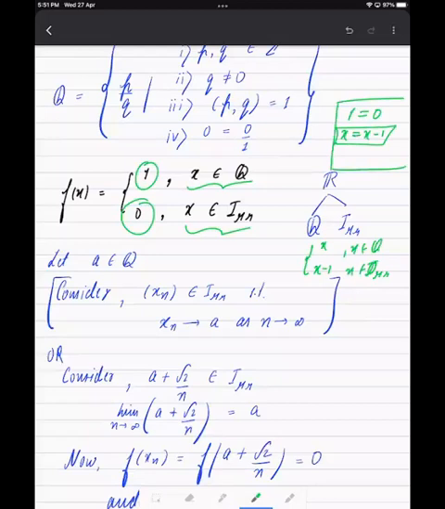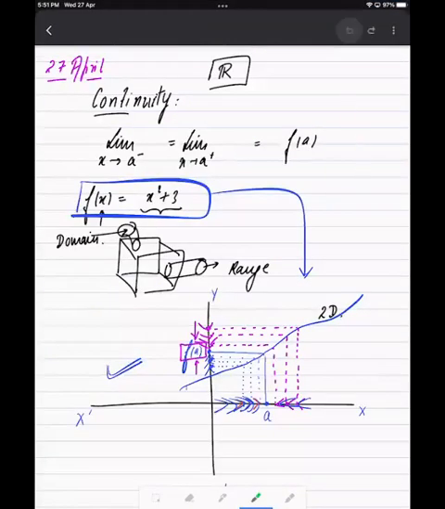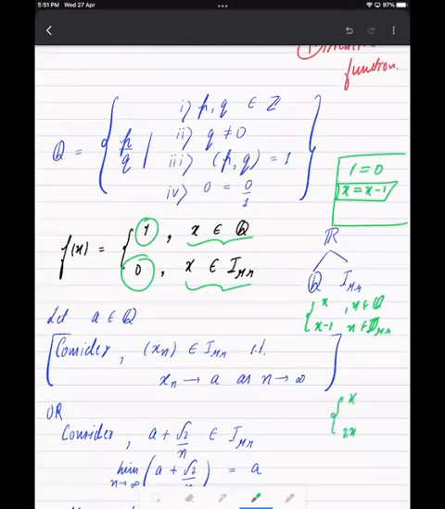If it would have been x for rationals and 2x minus 1 for irrationals, then x equals 2x minus 1.